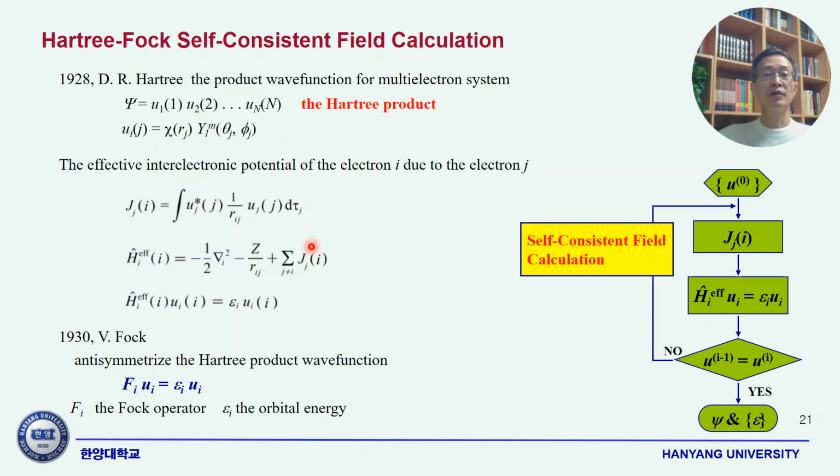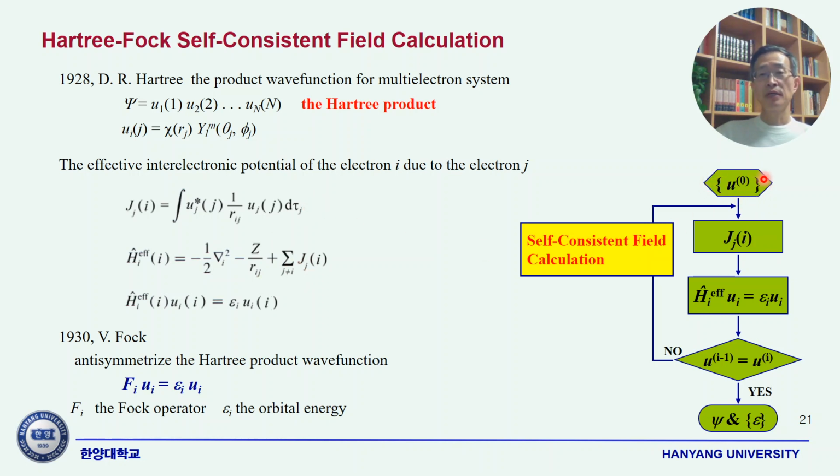All variables here are electron I's coordinates. And then you can solve this as just a single-electron problem now, and you obtain uI. Then you can do another one.